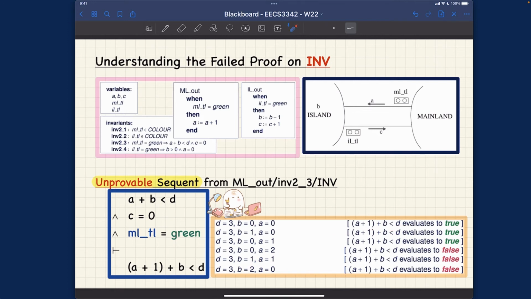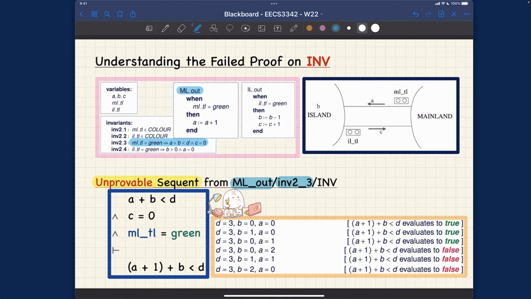What we are doing is trying to prove ML out invariant 2-3, but somehow we got this unprovable sequent. That's where we came from. Let me highlight it. We have ML out and also invariant 2-3. So it should be ML out over here and invariant 2-3 over here.